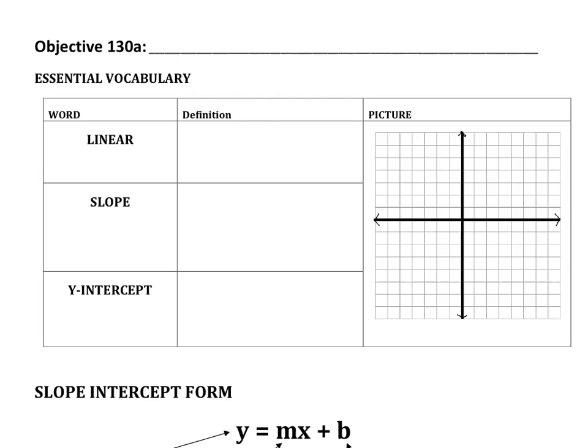So the first thing we're going to do today is get some vocabulary out of the way. We're going to be learning a lot of new words today, mainly among those the words linear, slope, and y-intercept. So the word linear, right? A linear line is a straight line.